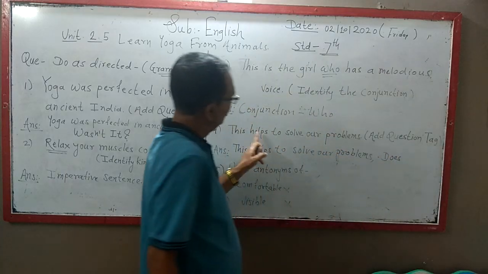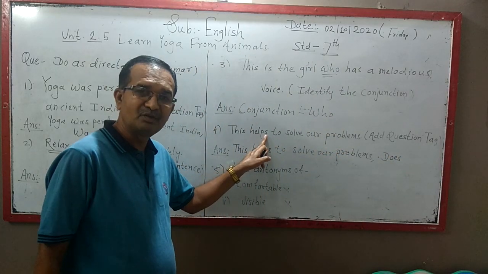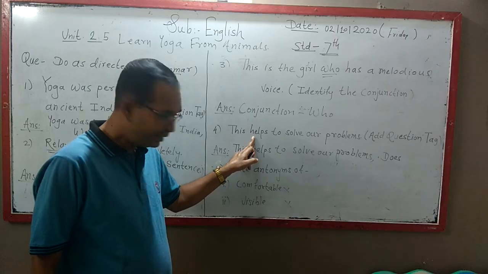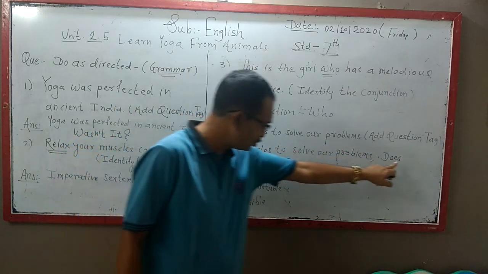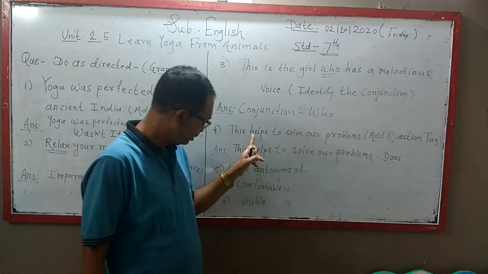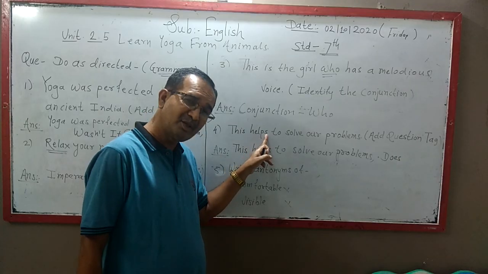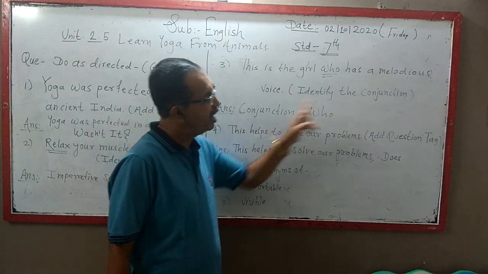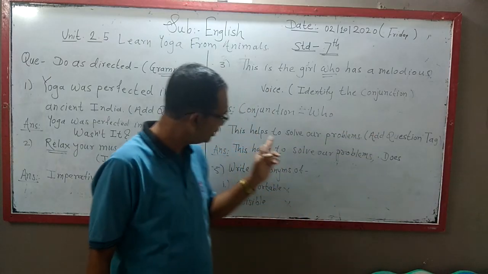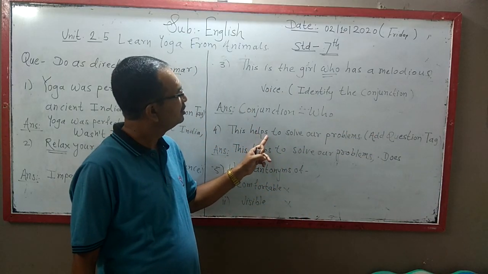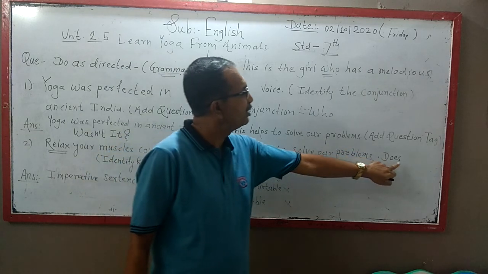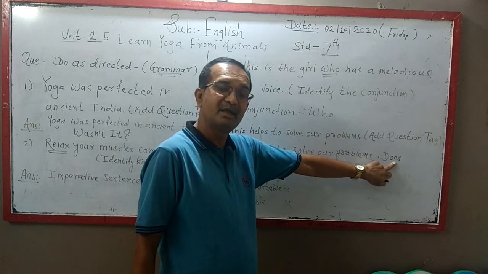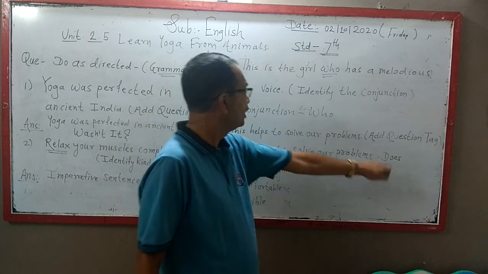Because the verb has the s suffix. Help is a verb. It has the s suffix, so I have used does here. If help has the ed suffix, I have to use did. Only if help is there, I have to use do only. But here helps has the s suffix, so I used does, the helping verb.